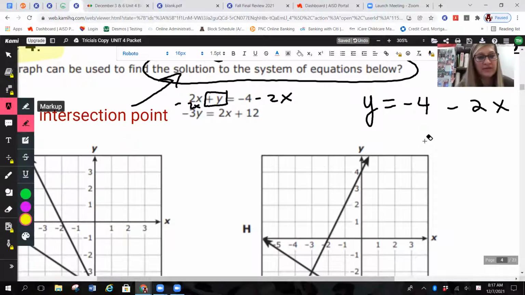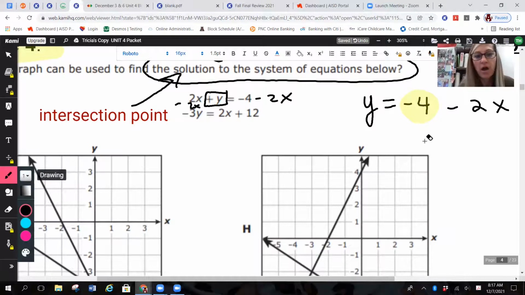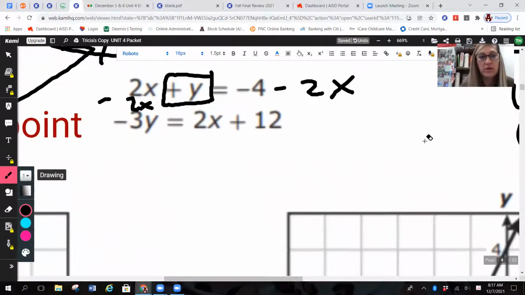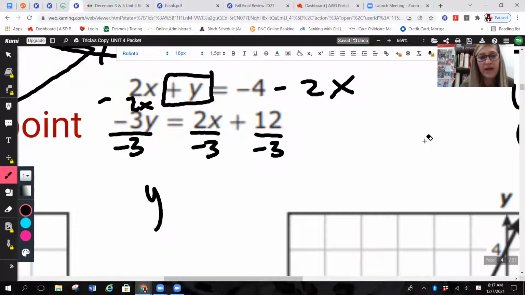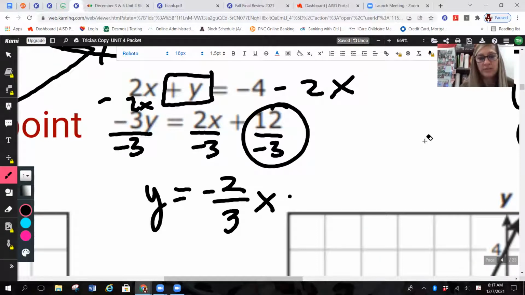I know that this is my y-intercept. On our second equation, they've already moved the x. I just have to divide by the number next to y. Divide, divide, divide. That gives me the slope is down 2/3, and the y-intercept is also -4.